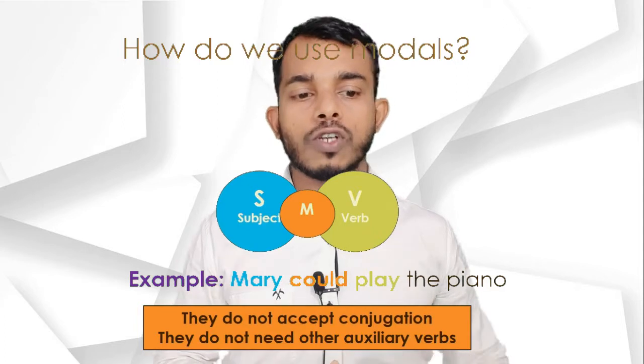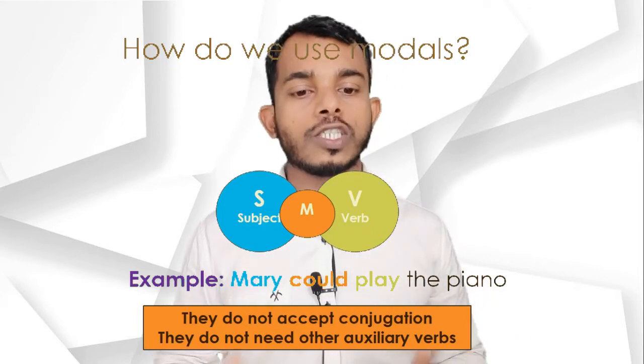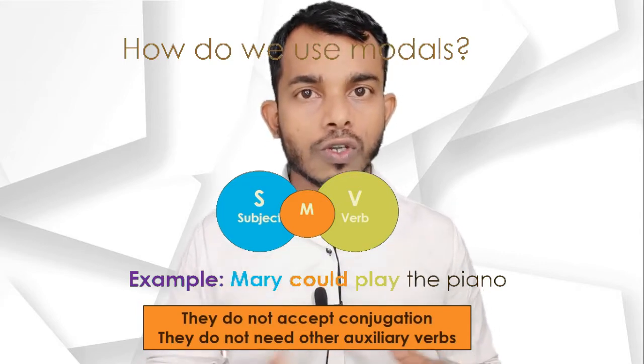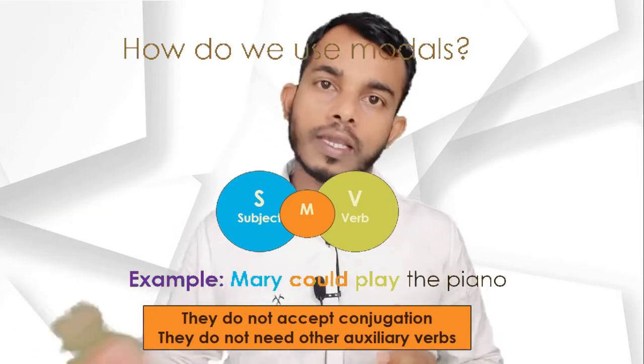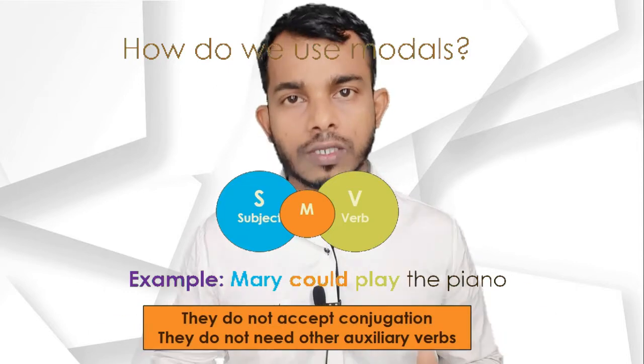Modals do not accept conjugation, and they do not need other auxiliaries. For those who don't know, conjugation means that the word won't have any other form. Can is only can; there are no other forms like cans or canning in English.